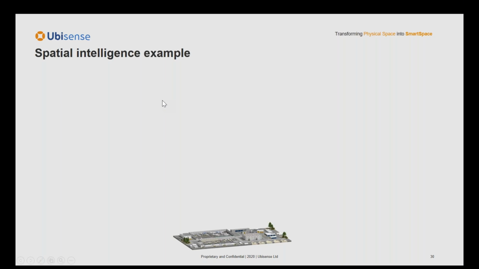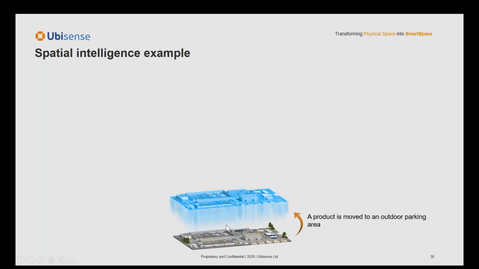So if we want to link what we've seen in the demo with what I presented in the spatial intelligence set of slides, you have the physical world at the bottom. We take this example where a product is moved to an outdoor parking area. It was the shipping area in this case.